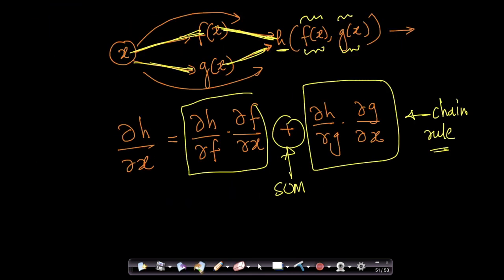It's slightly tricky, but let's write it down. Okay? So for W1s, right? So for W1, what do you have?